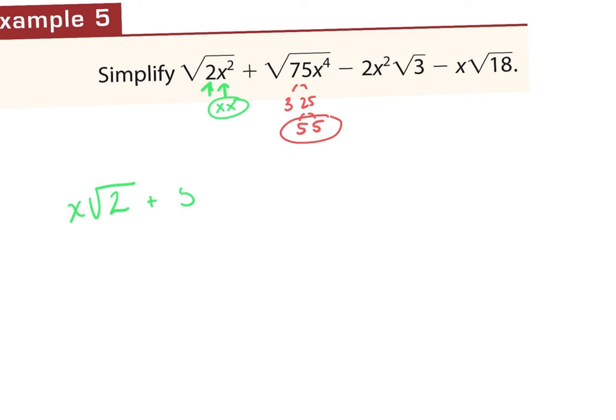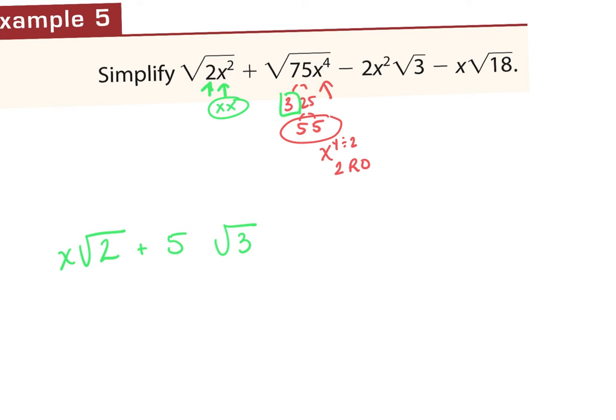So a 5 is going to come out. A 3 is going to stay in. What about my variables? X to the 4th divided by 2. That's 2, remainder of 0, right? So how many x's are going to come out? 2 x's are going to come out. How many x's are going to stay in? No x's are going to stay in, all right?